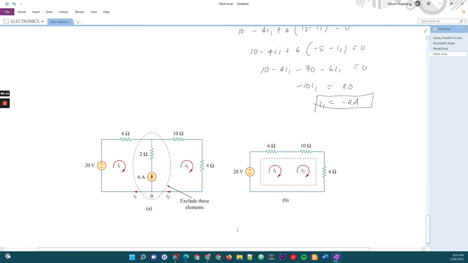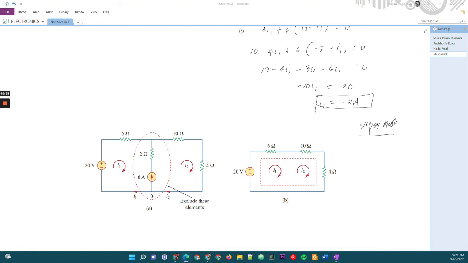Kaya mausa naman nimo ang 2 or 3 nodes. For this case, ang duha ka mesh, mausa po siya. We call this a super mesh. Okay? So, we have super mesh. Nausa nimo siya, isa ka loop. So, I1. But it still contains the two mesh currents, I1 and I2.